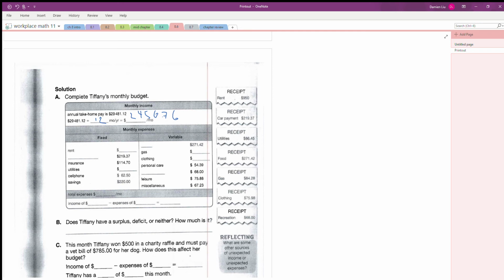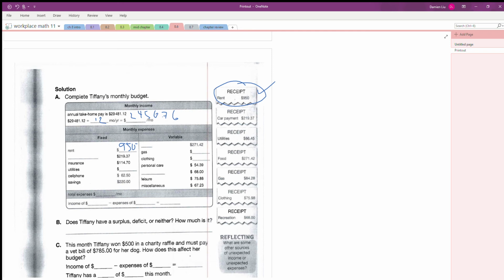And let's look at some of her fixed expenses and some of her variable expenses. So the rent, there's a blank there, but we know that she spent $950 right here, so I'm going to click that off and put $950 in there. That means we've looked at the receipt and we've included it in our budget here. That way for all the receipts, if there's anything missing, we can fill it in.